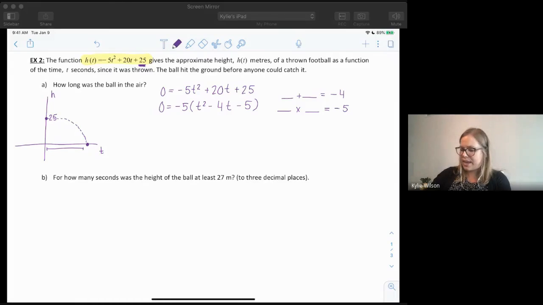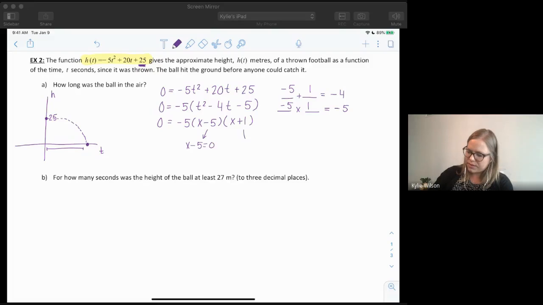We're going to have negative 5 and 1, like this, and we can just put that directly into the brackets. And now I can just set those brackets equal to 0, like this. And now let's solve for our x's. So I'll have x equals 5 and x equals negative 1.